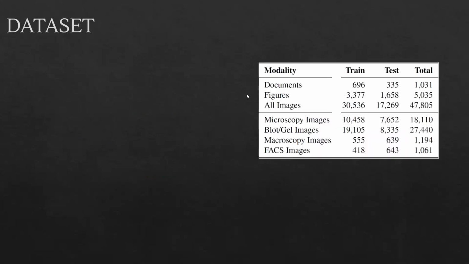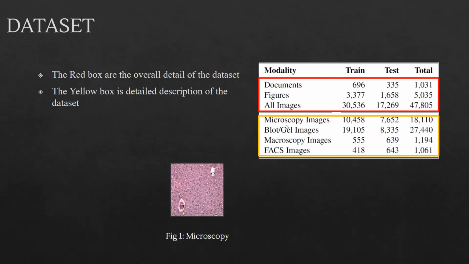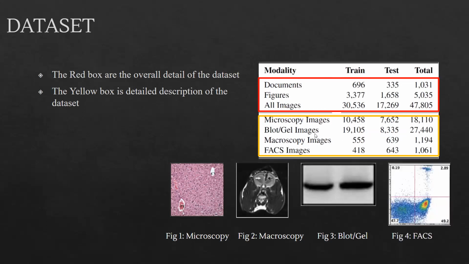So now coming to the dataset. On the superficial level, they got the documents, the figures, and all images. On a deeper level, microscopy images were extracted from different kinds of papers. Macroscopy images were also extracted, and then the blot gel and the FACS. FACS is basically fluorescence activated cell sorting images.